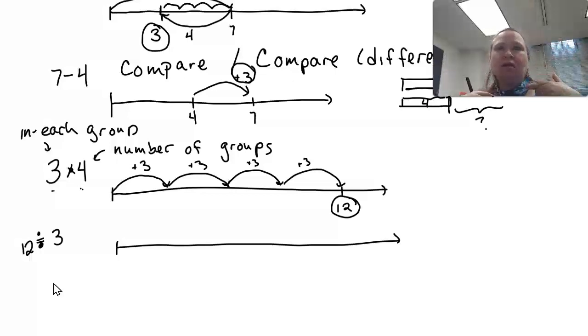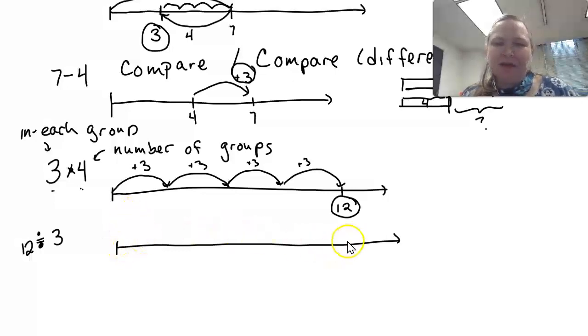And in terms of direct modeling and mental arithmetic, the one that is easiest on a number line is to think 12 put into groups of 3. And so that's the one I'm going to model for you right now. We might come back and do the other ones later.